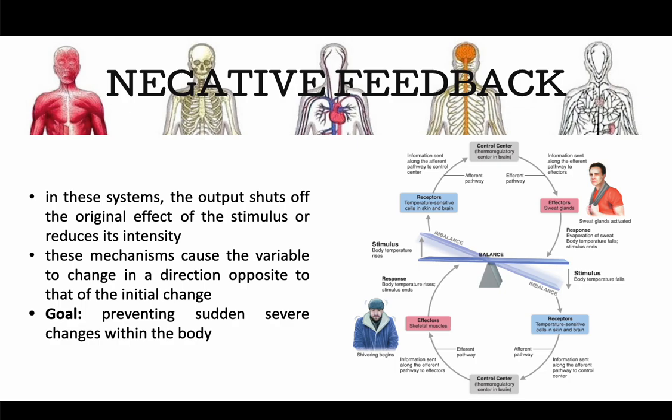So your negative feedback. In this system, the output shuts off the original effect of the stimulus or reduces its intensity. So these mechanisms cause the variable to change in a direction opposite to that of the initial change. The goal of negative feedback is to prevent sudden severe changes within the body, no?